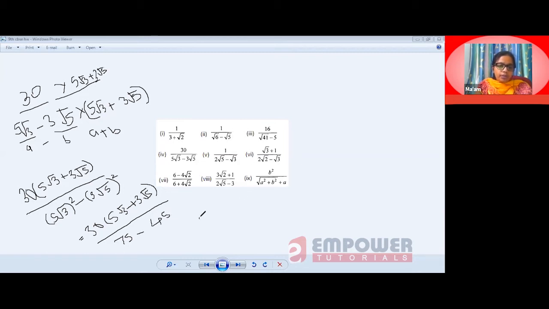So this will be equal to 30 into bracket 5 root 3 plus 3 root 5 divided by 75 minus 45, which is 30, right? So this 30 and this 30 will get cancelled, and my final answer will be 5 root 3 plus 3 root 5. So this will be the answer of fourth one.